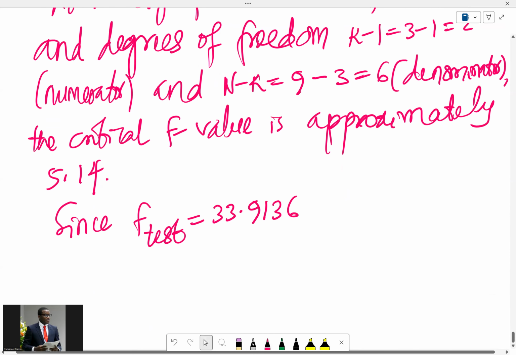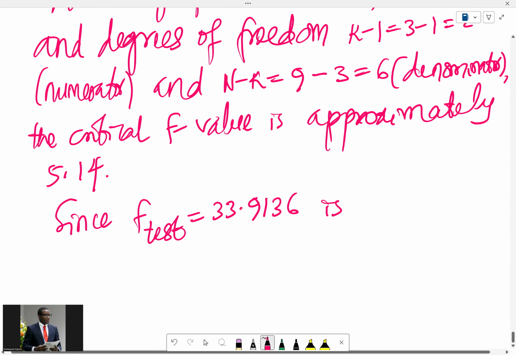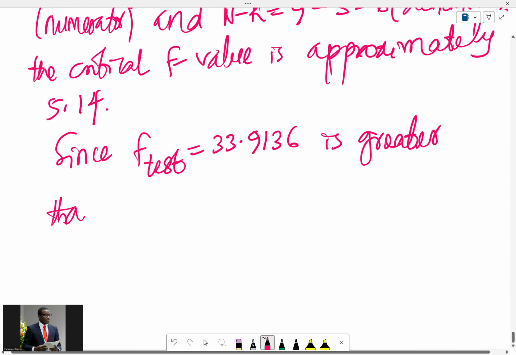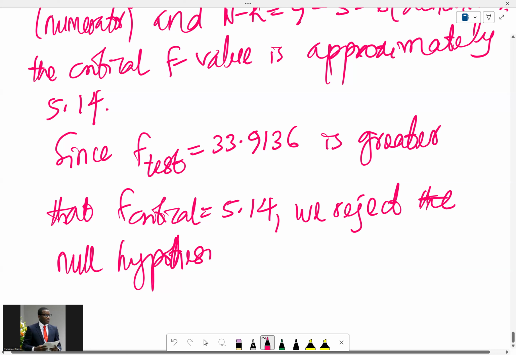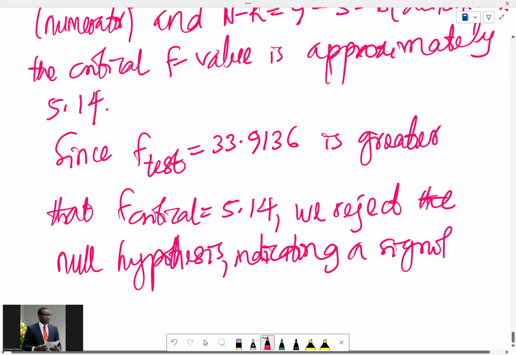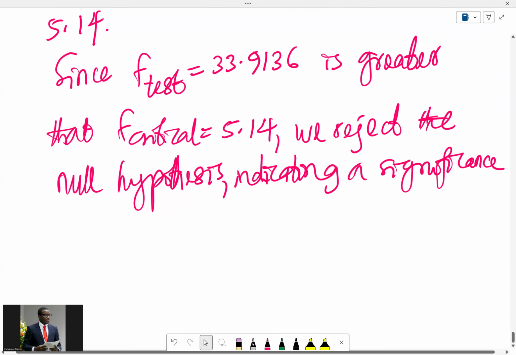Since the test statistic is greater than F critical, which in this case is 5.14, we reject the null hypothesis, indicating a significant difference in means.